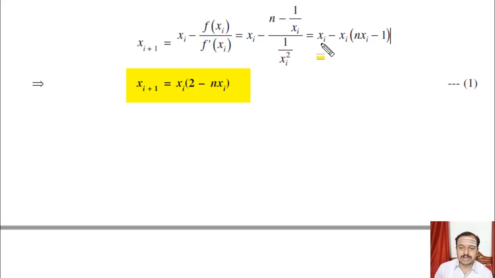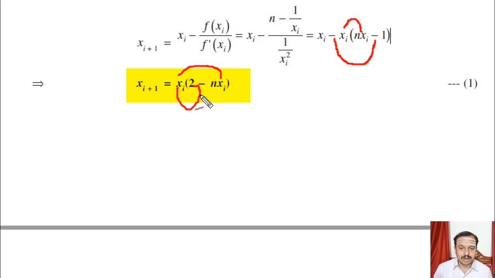Please observe how the simplification is going on: x_i minus x_i plus x_i into 1, x_i plus x_i is 2x_i, that is over here 2x_i, minus n into x_i square. So this simplification is looking like this.